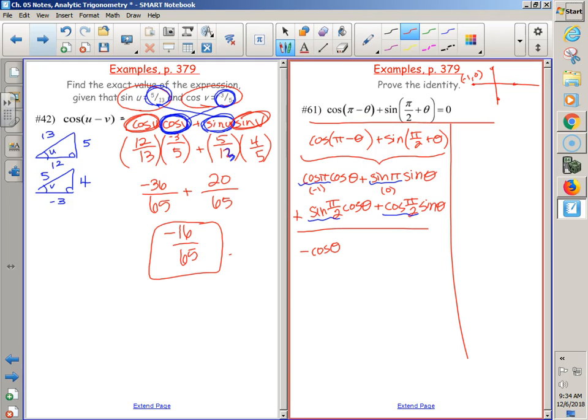What's anything times 0? Plus sine of pi over 2. Isn't sine the y? Which is going to be a 1. And then what's cosine of pi over 2? X. 0. Well, that wasn't bad.